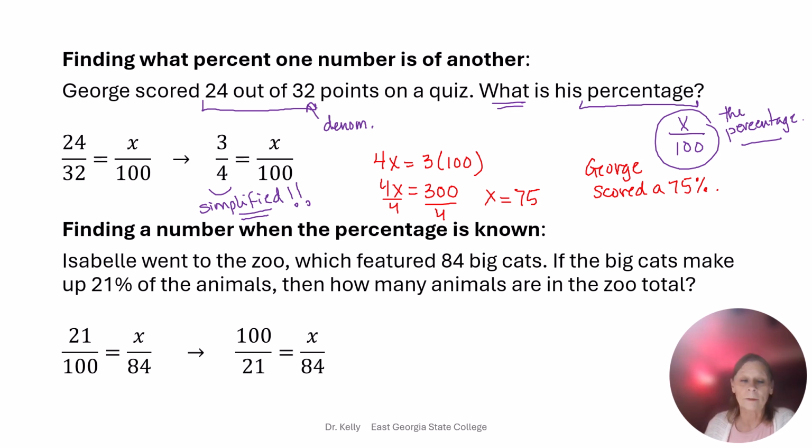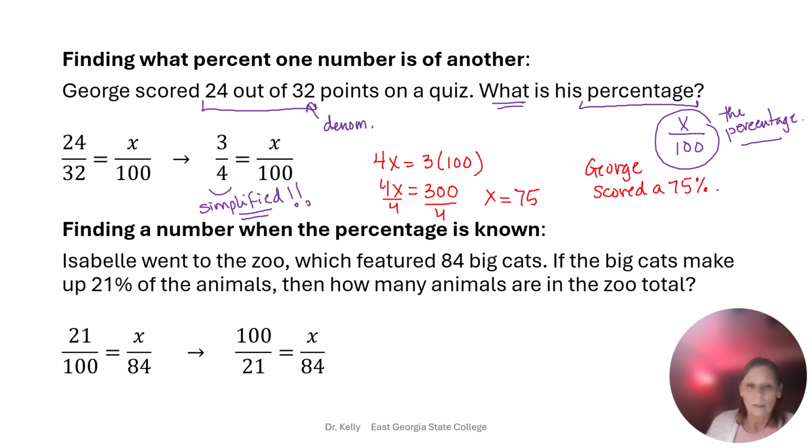It's very important. Okay. The next scenario is finding a number when the percentage is known. So here's our example. Isabel went to the zoo, which featured 84 big cats. If the big cats make up 21% of the animals in the zoo, then how many animals total are in the zoo?